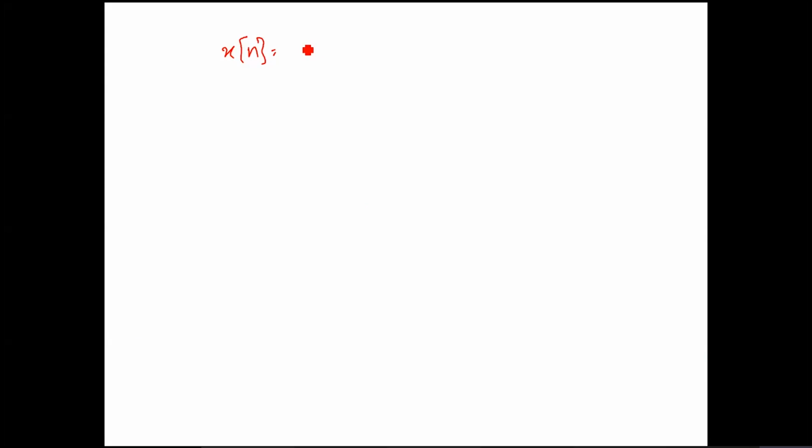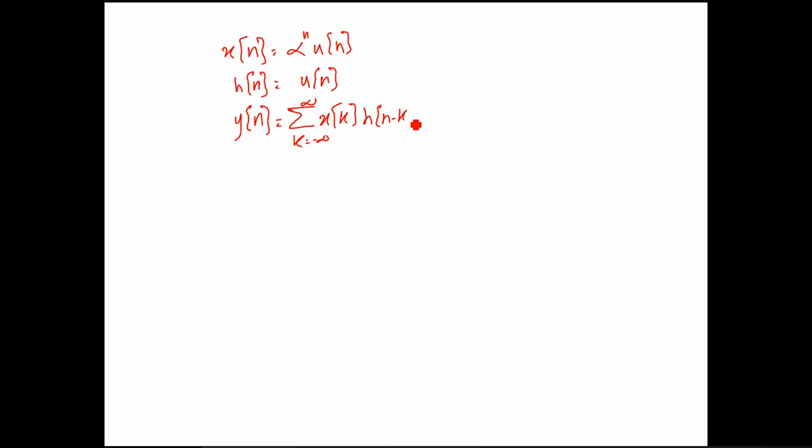We have x of n, which is alpha raised to power of n u of n, and h of n, which is simply u of n, and then we have to find y of n, which is the summation k equal to minus infinity to infinity x of k, h of n minus k. If we plug in the values, we know we are going to reach the end result, but how?